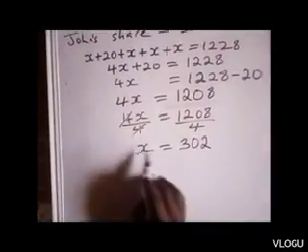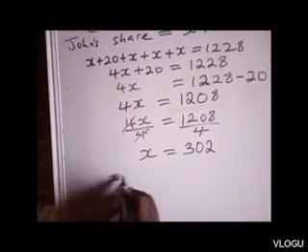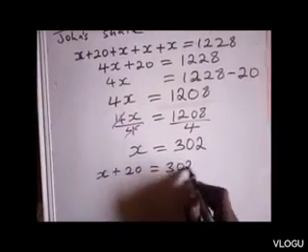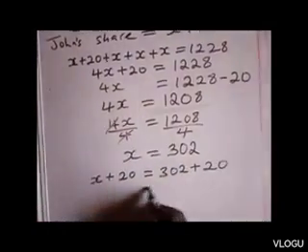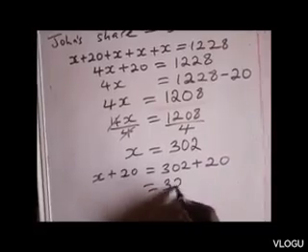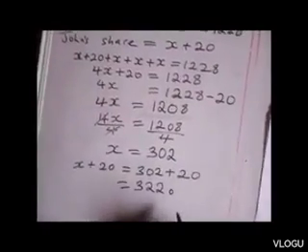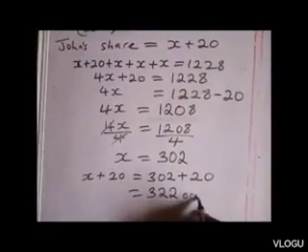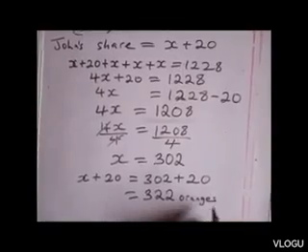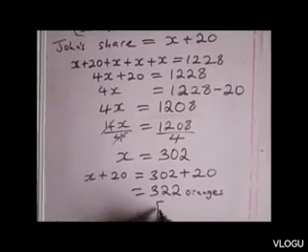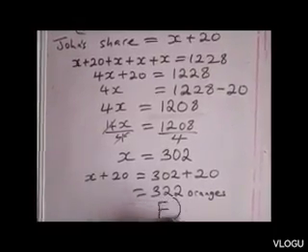John's share is x plus 20, which is 302 plus 20. And that is 322 oranges. Let me check the unit. Yes, oranges, which is option E.